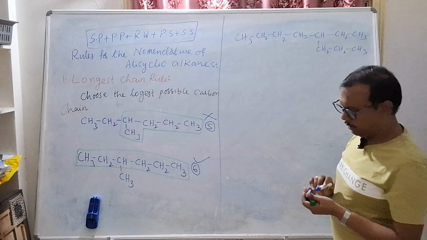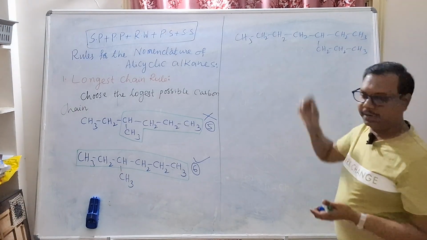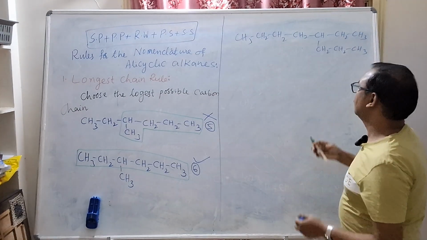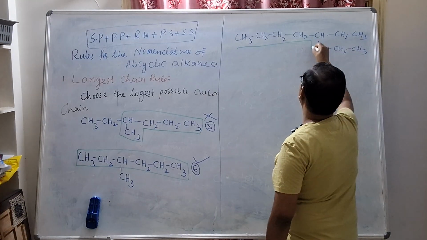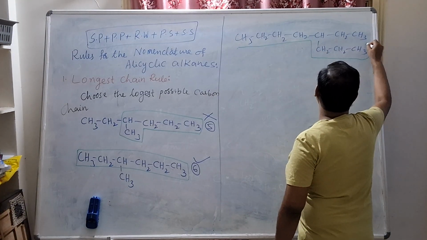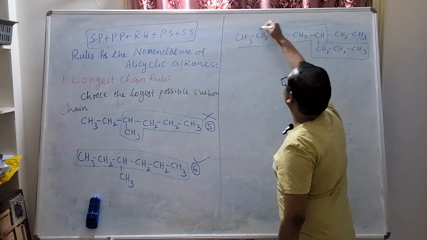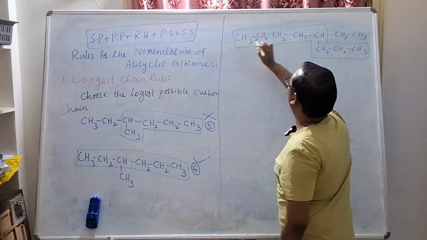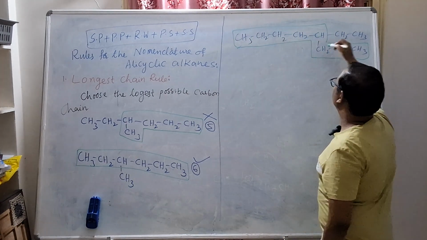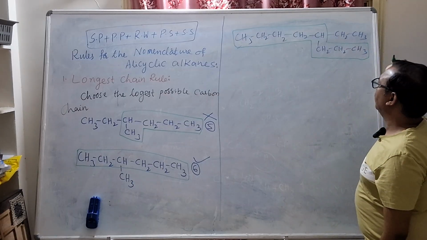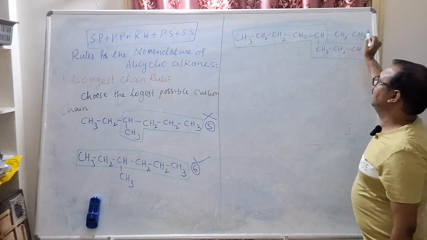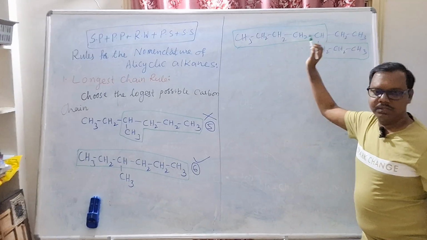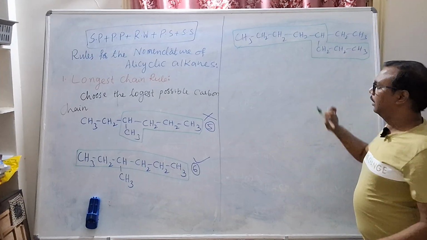There are two possibilities, one is straight chain, another one is branch. Here if you observe, this is the longest possible chain: 1, 2, 3, 4, 5, 6, 7, 8. There are 5 plus 3, 8 here. The straight chain should not be considered. Only this one you can consider here.